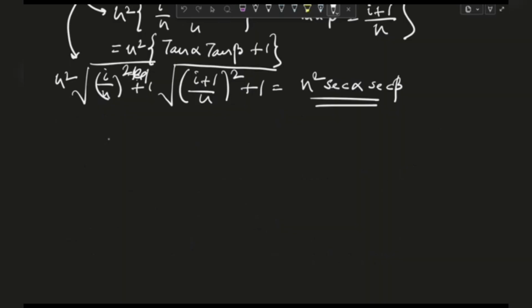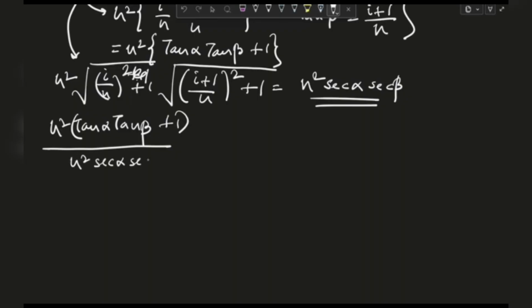I am not writing that sine inverse, I am leaving it and writing only the thing within the brackets, okay? So this thing becomes n square tan alpha tan beta, and there was a bracket here, plus 1, and whole divided by n square secant alpha secant beta.